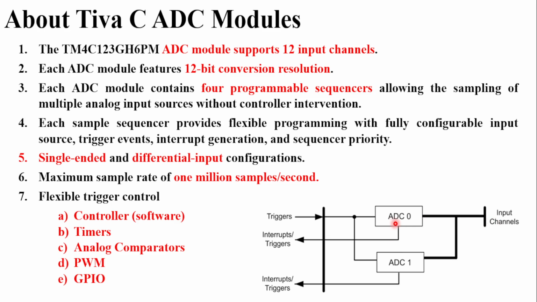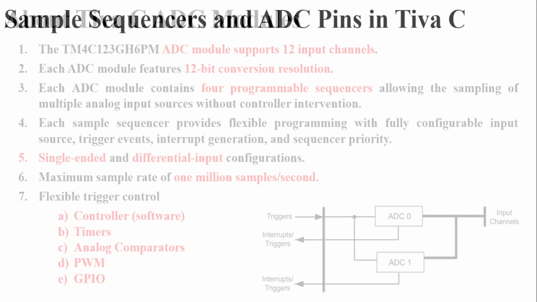And once the trigger is received by these modules, they read the analog voltage at the input channels. And then after conversion, they can generate interrupts to the microcontroller to inform that the ADC conversion has been completed. For more details, please refer to the data sheet.